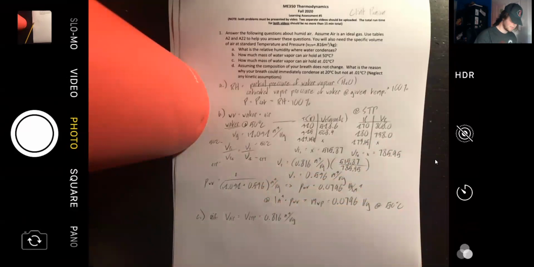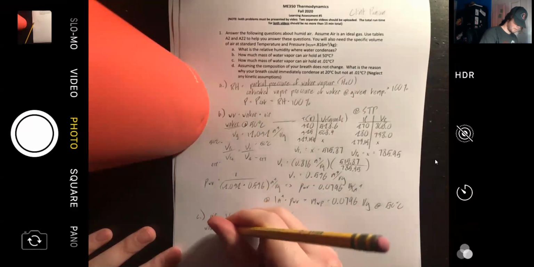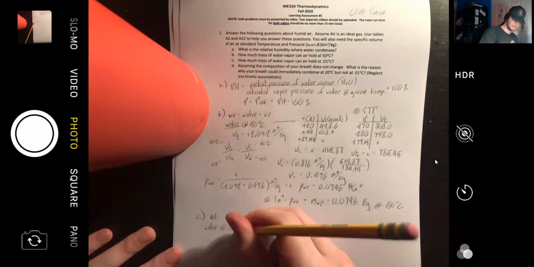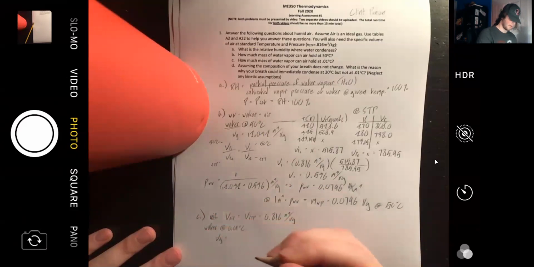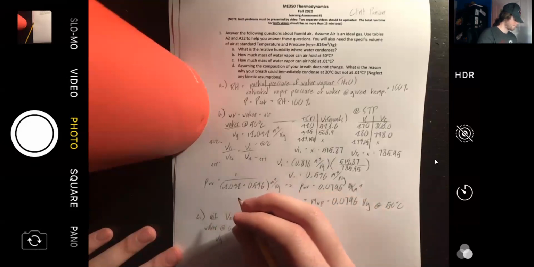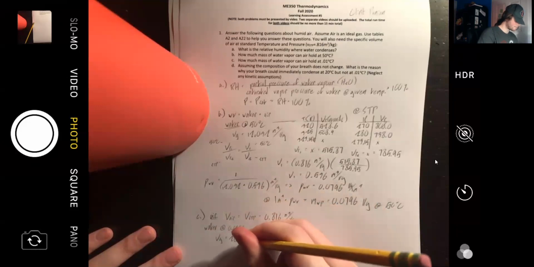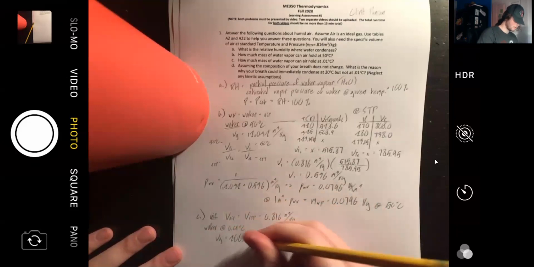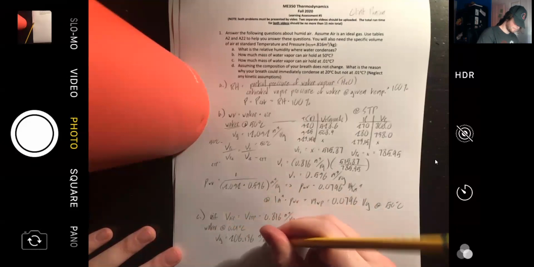All right. So now we're going to do the same thing we did in part B for water, at 0.01 degrees Celsius. Your vg for the max amount of mass would be 206.136 meters cubed per kilogram.